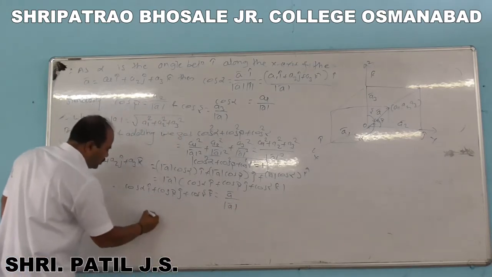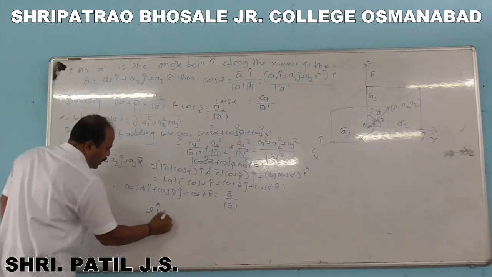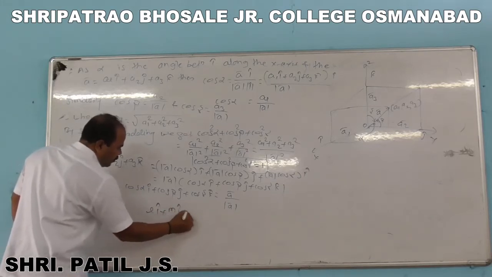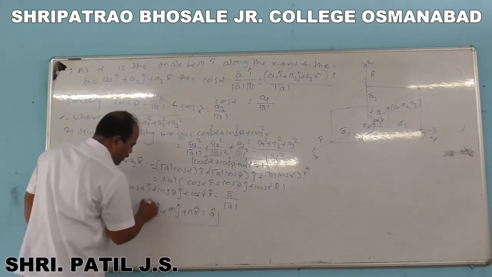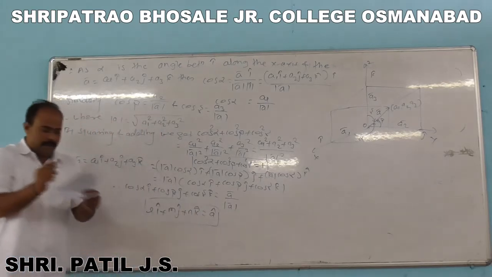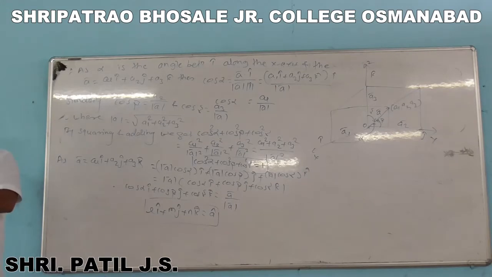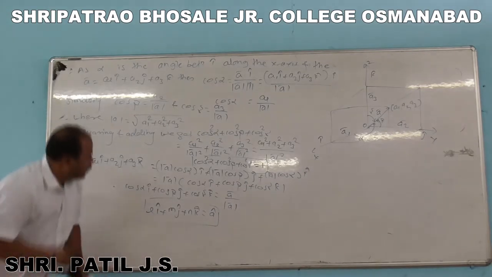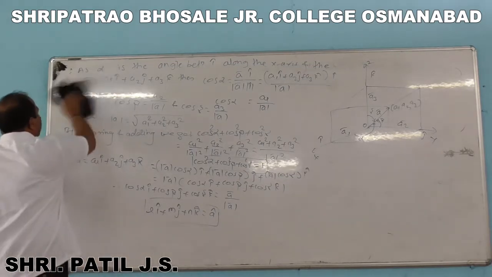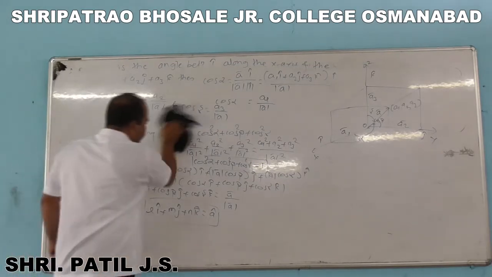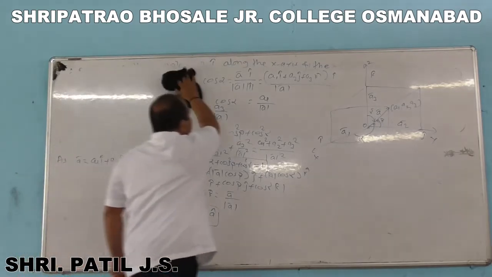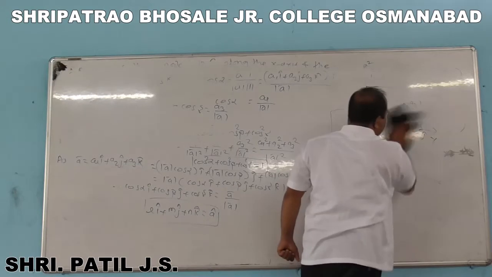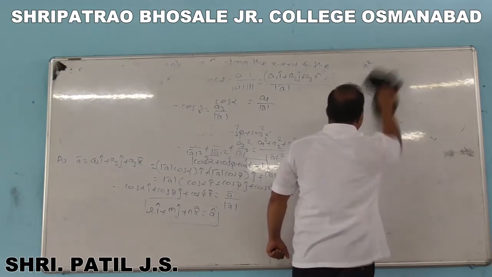You know that this is l I cap plus m J cap plus n K cap, this is the unit vector A cap. That means cos alpha into I cap plus cos beta into J cap plus cos gamma into K cap equal to A cap. This is the unit vector.